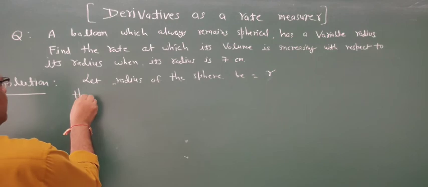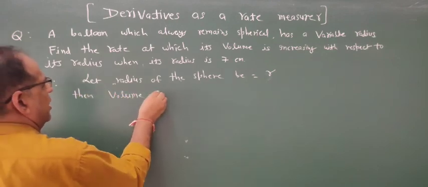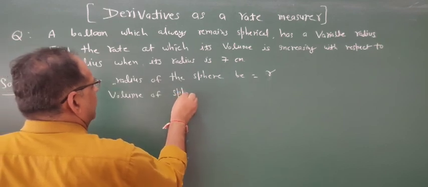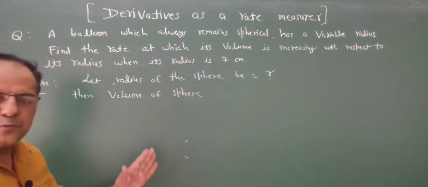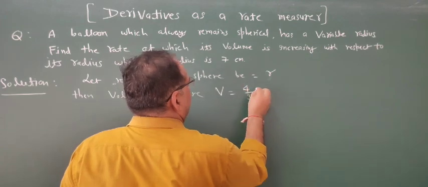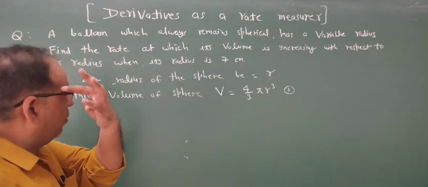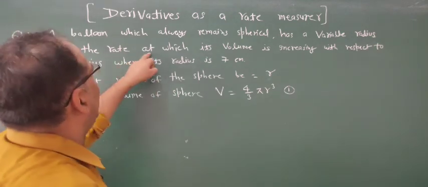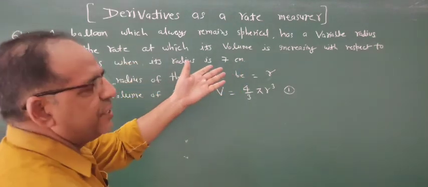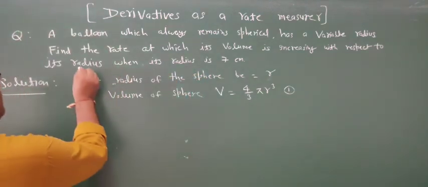Then the volume of the sphere V equals 4 upon 3 pi r cube. Now we want to find the rate at which its volume is increasing. That means we want to find the rate of change with respect to radius.